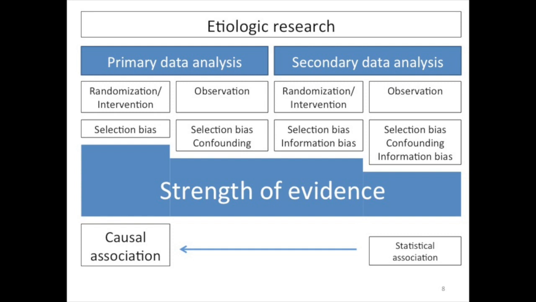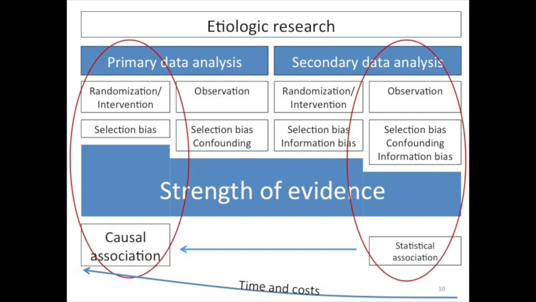However, it is quite time-consuming and costly to perform an entire new study. Perhaps you would have to wait for several years in order to observe an effect. So there is a trade-off between the strength of evidence we wish to accomplish by our study and the costs and time we have available. So to summarize this picture, we see that there is an ideal world where we have a small degree of confounding or bias, and we can be sure we have found a causal association, and we have a high strength of evidence.